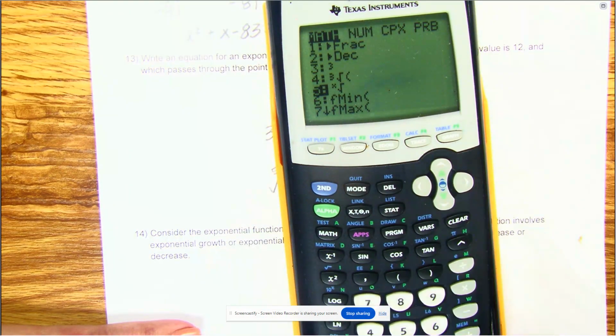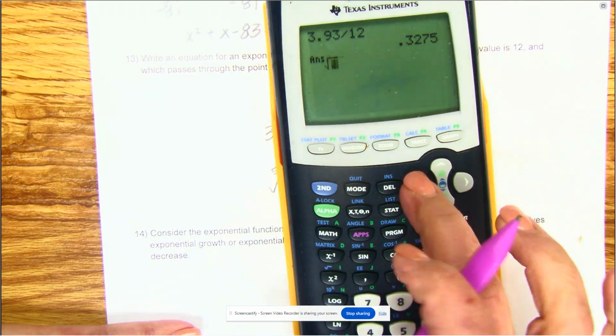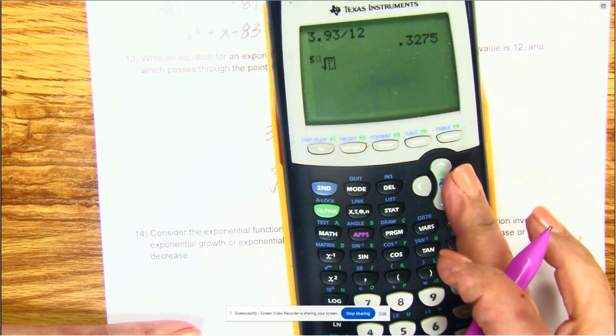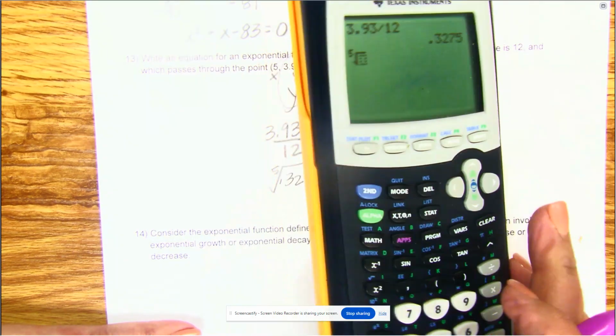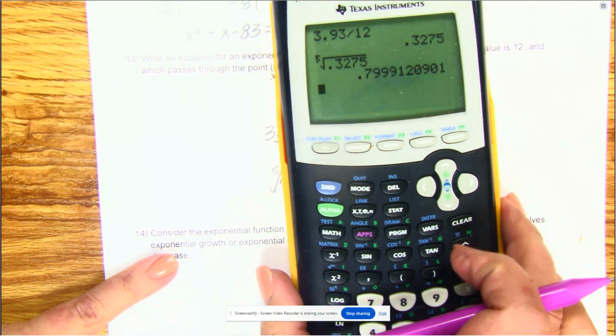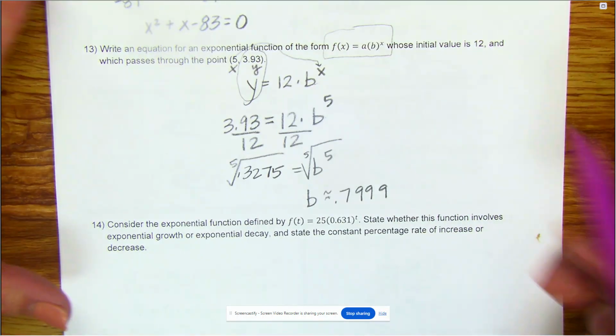Remember, if you don't have a graphing calculator at home, there is the Calculate 84 app for free. It's a carbon copy of this calculator. I'm taking the 5th root of 0.3275. So, basically 0.8. I could carry it out, 1, 2, 3. So now it wants me to write the final rule.